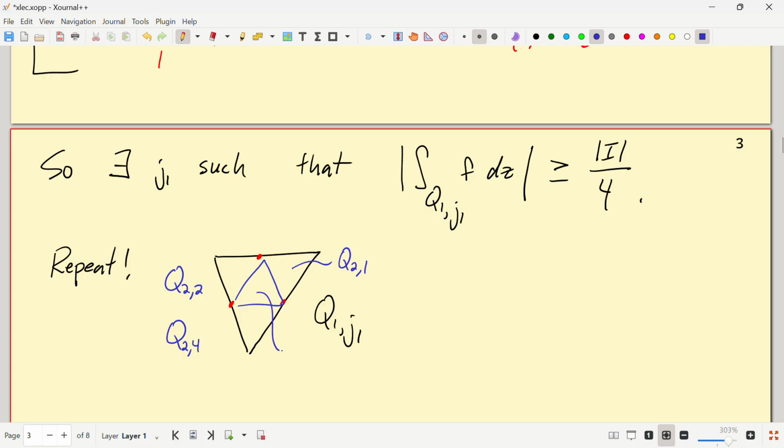And the same thing, they add up, and so one of them is going to be a big one. Let's say the next one is this one. And I can do it again and again, and I'll keep doing it.